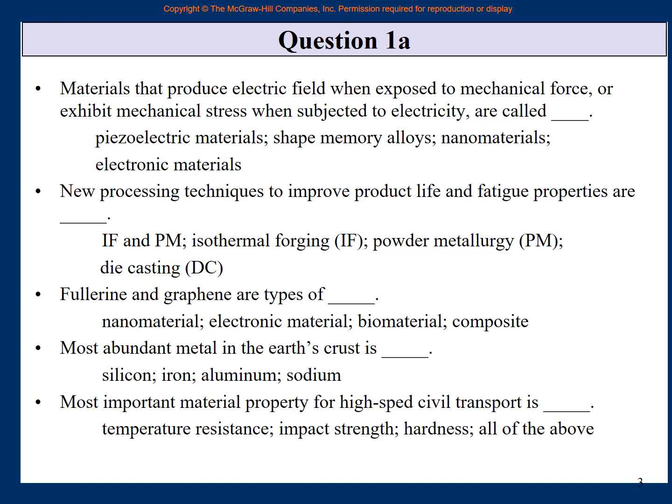Though we need all of these, we are saying most important. So we have to give only one property, and we told you that when it is a very huge aircraft going at a supersonic speed, then the maximum problem will be the temperature rise due to friction against air. So temperature resistance will be the most important property.